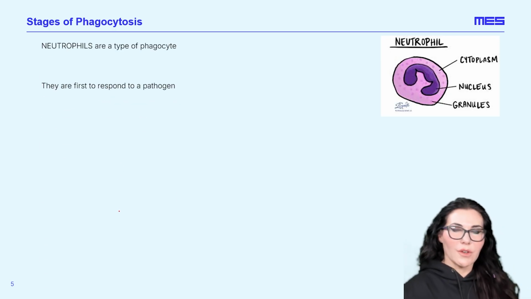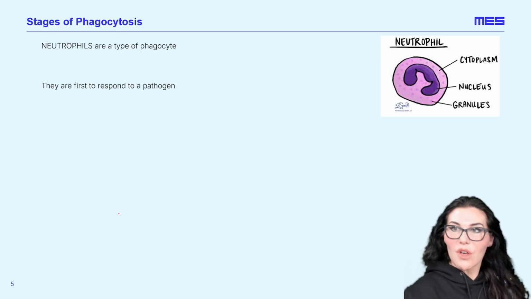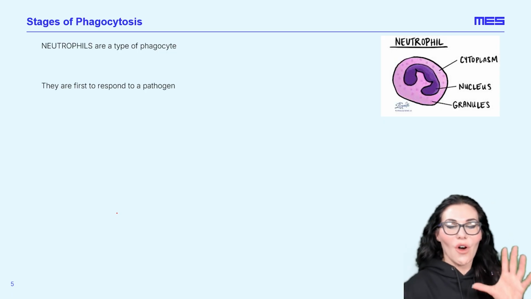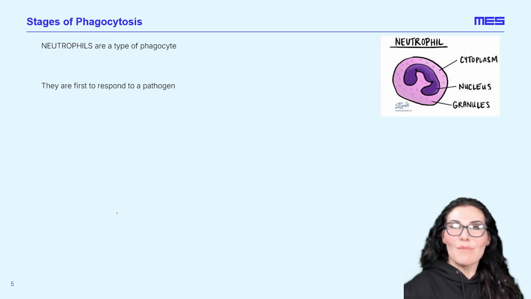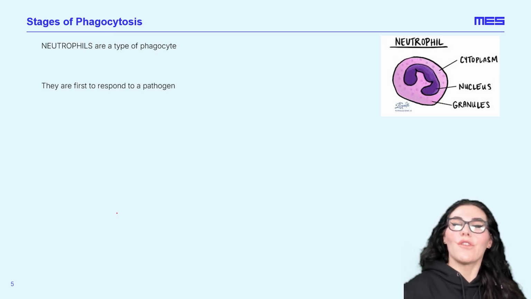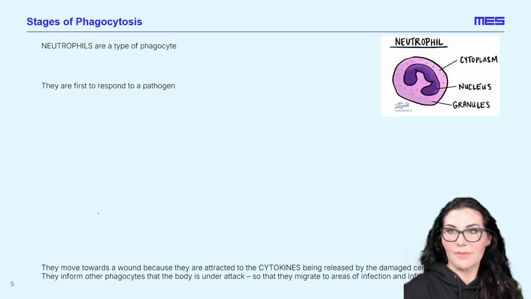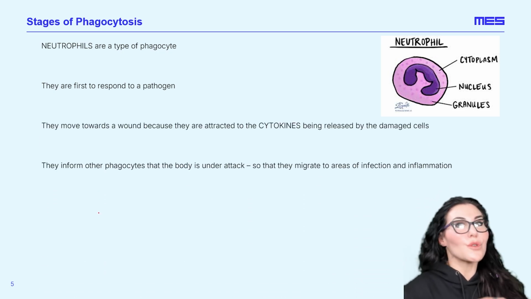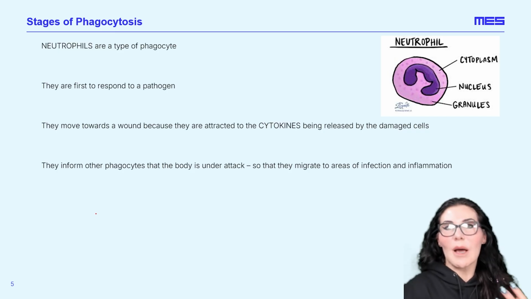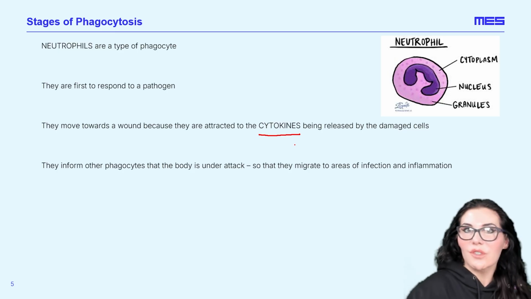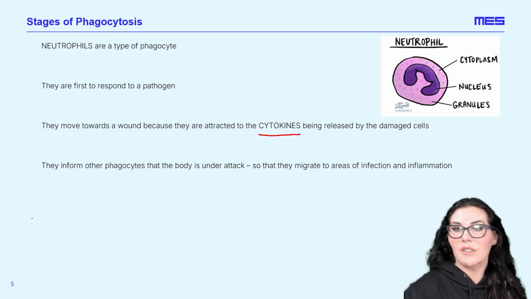So, neutrophils, what are these? Now, neutrophils are a type of phagocyte. They are known to be the first on the scene. So they're like your emergency services. They are first to respond to a pathogen that has entered your body. They will move towards the wound, the damaged cells, because of these cytokines, these chemicals that are being released by the damaged cells.